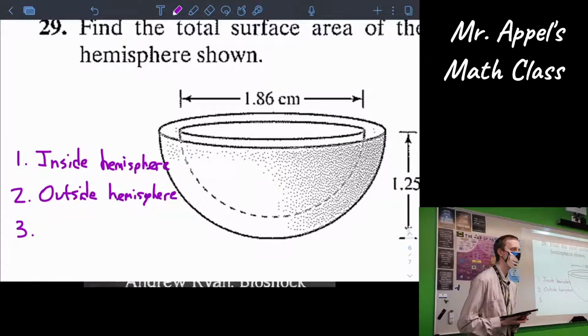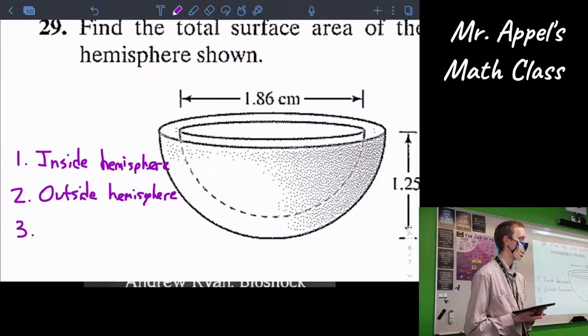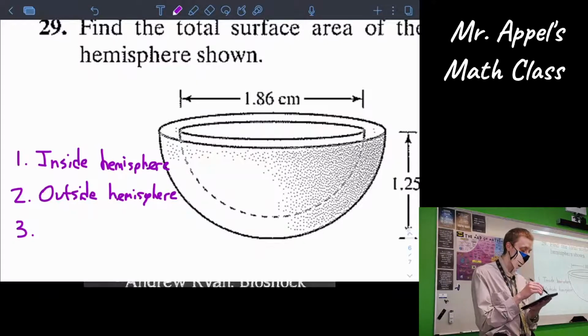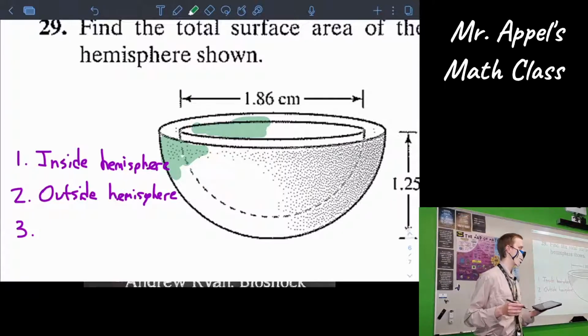And there's one more component to this. There's one thing we're missing. If we only colored in just this outer shell here and just this inside face here, what would we be missing?